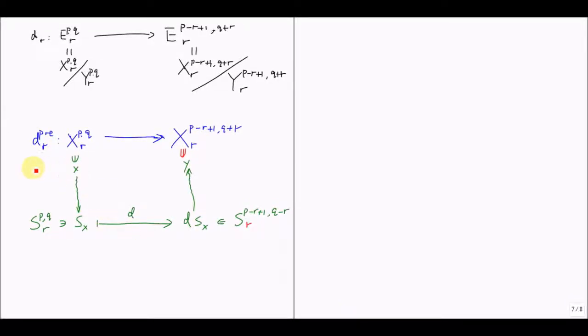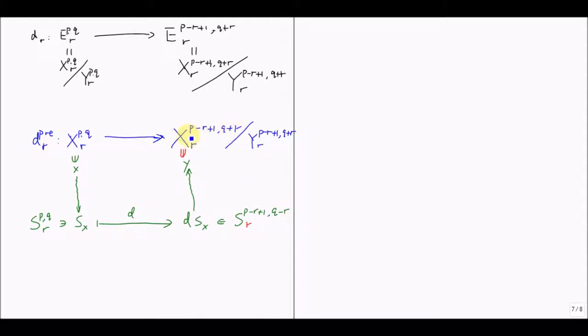However, this d pre sub r is not necessarily a map. It's not well-defined because there can be many liftings of this x. To make it well-defined, we have to do one step further. We will change this map by changing its codomain first, to make it smaller.